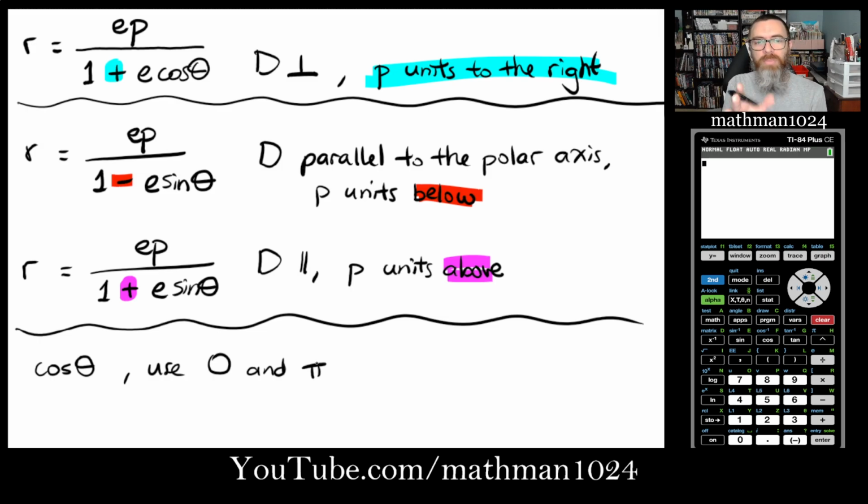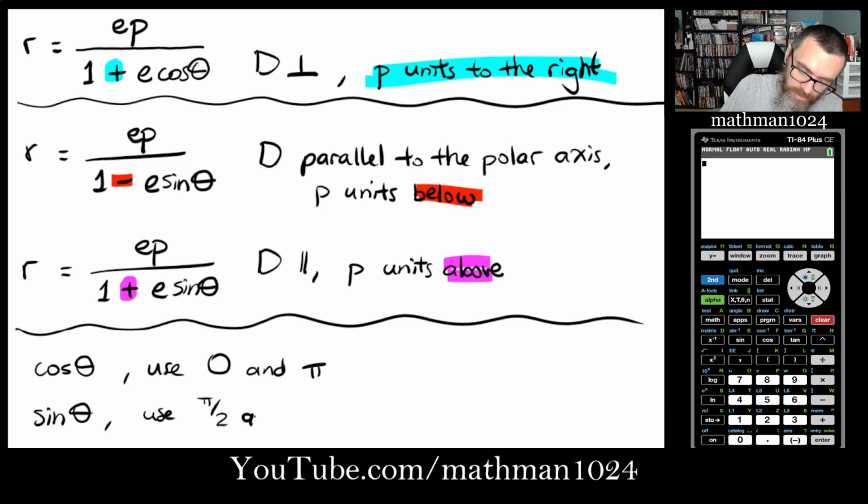But really, 0 and pi will give us some of our key values, because that's when cosine gives you either 1 or negative 1. So you plot those points and get a good idea about the starting points and the starting shape of your graph. And if we're using sine, we'll be focusing on pi over 2 and 3 pi over 2.